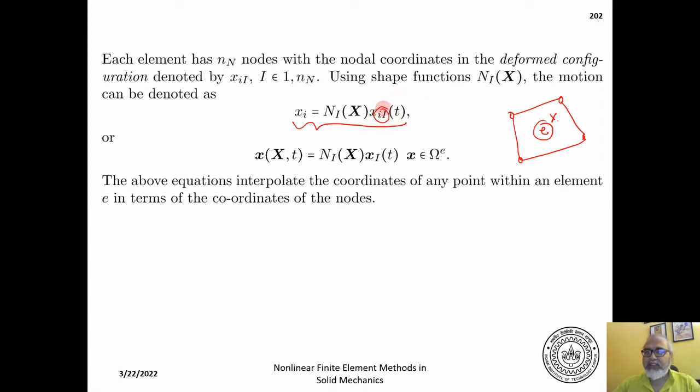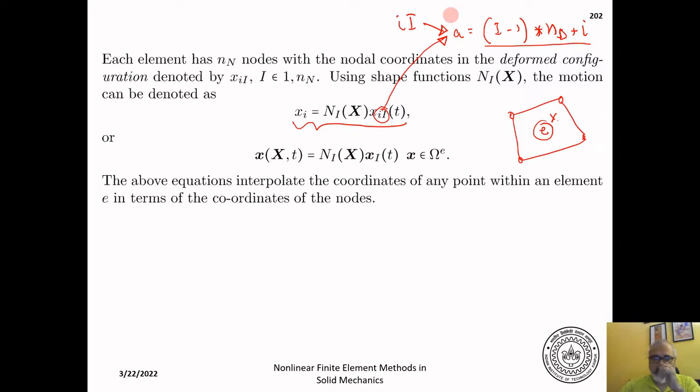This together, the small and capital, always has to appear together, and this will go to a Voigt index of A, which is given as the dimension of the system times I plus i. So i, capital I will map to Voigt dimension A, which is calculated like this.